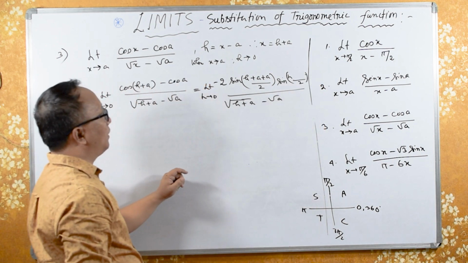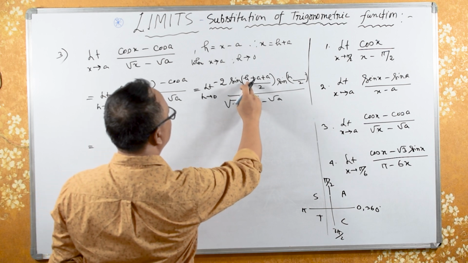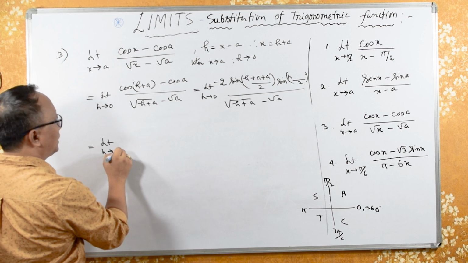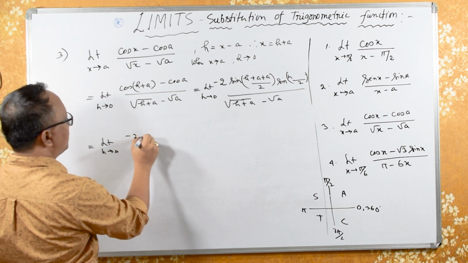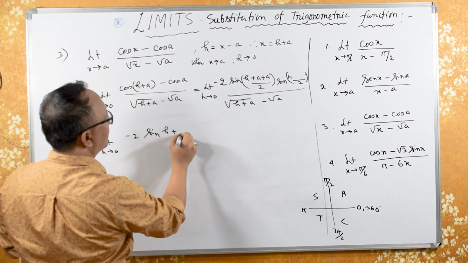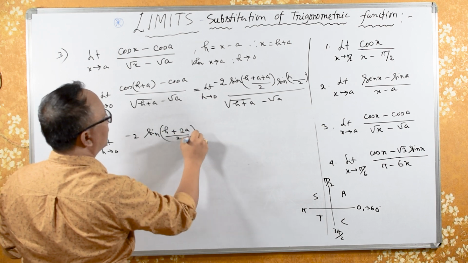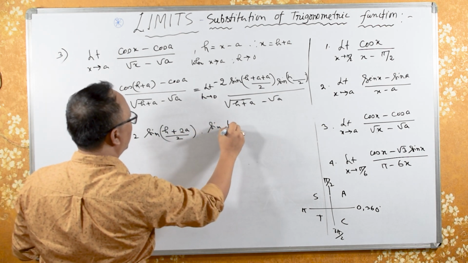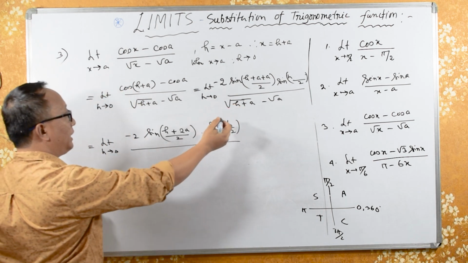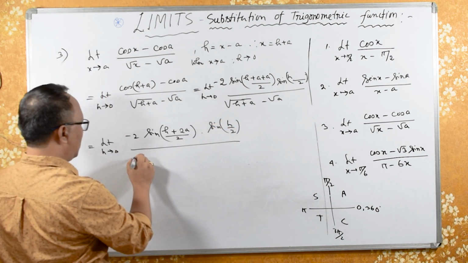And here I have limit of h tends to 0 of minus 2 sine of (h plus twice a) upon 2 times sine of h upon 2. Now if I rationalize this, what will I get?